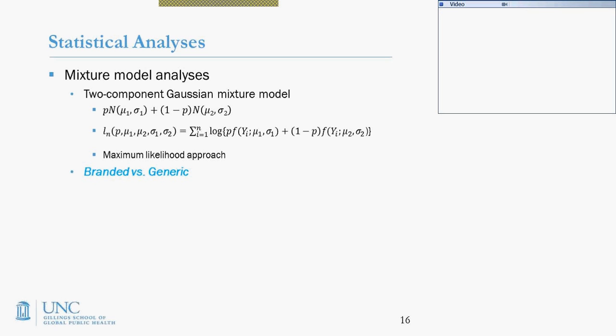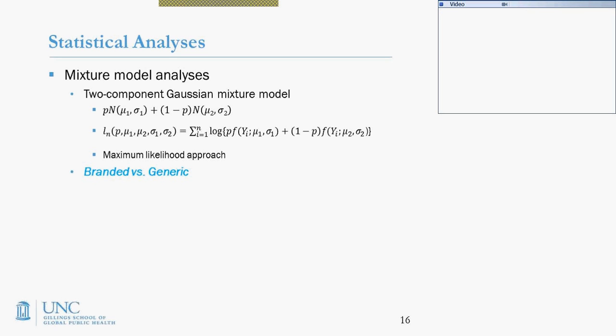On the x-axis is the LDL in milligrams per deciliter, and the y-axis is the density. And the dashed line you're seeing here is the density probability for the overall population.